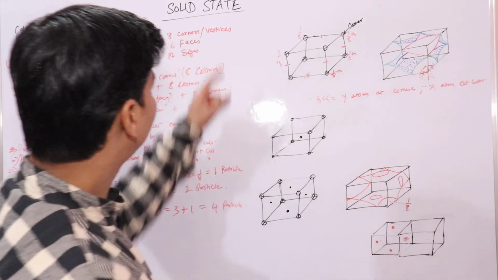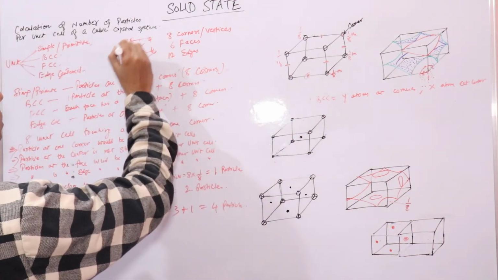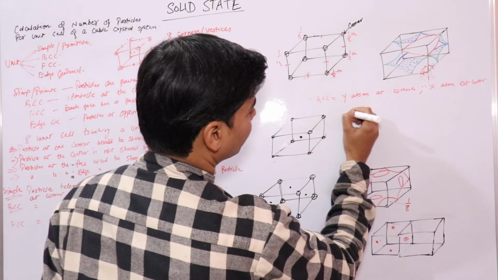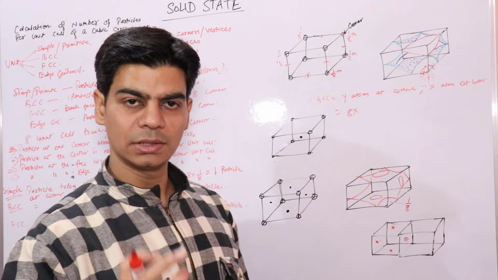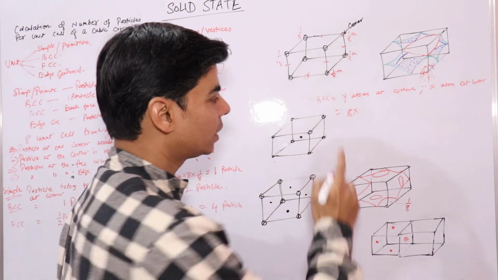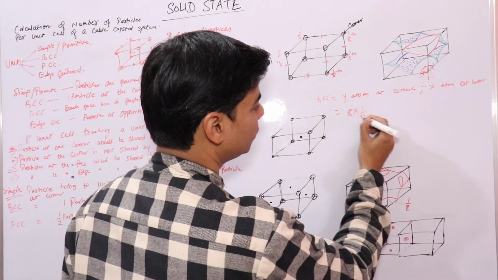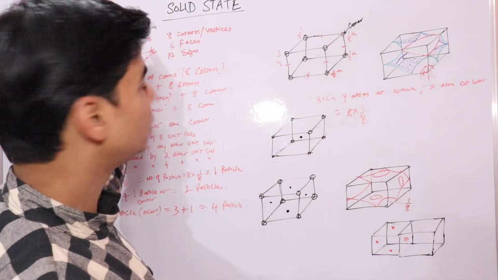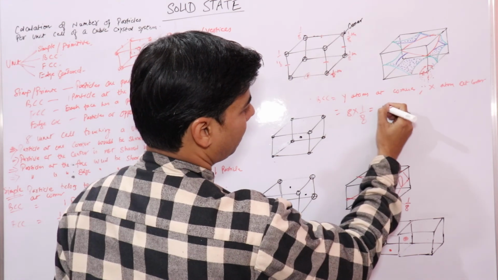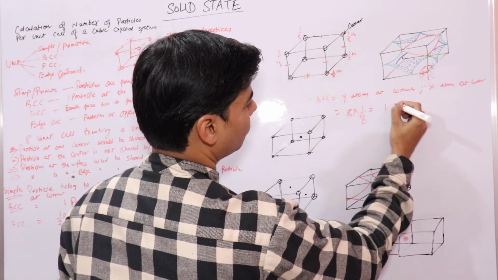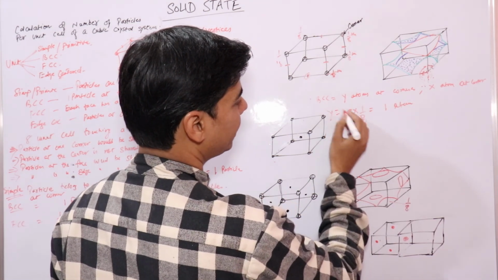If this is the cube, you have Y atoms at the corners, all these. So you have 8 corners, and we know that in a cube at the corners only 1/8 of the atom belongs to that unit cell. So 1/8 of this atom belongs to this particular unit cell at each corner, and we have 8 corners. So we have 1 Y atom.